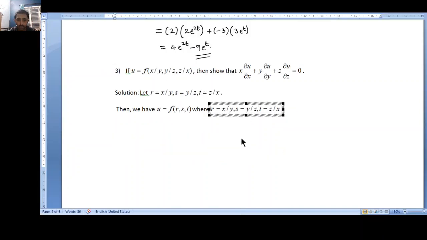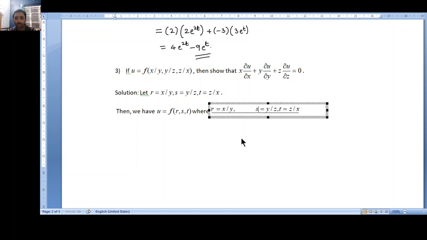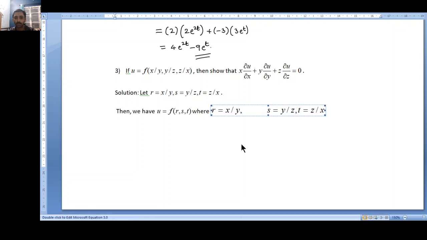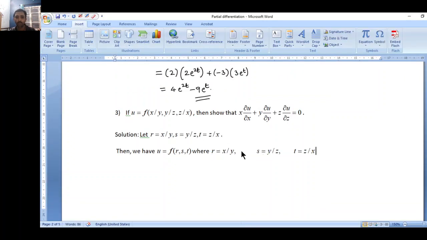Just to make things understandable in a better way, and to make things look much simpler, I'll write this expression far from the previous expression so that things are easily understandable.